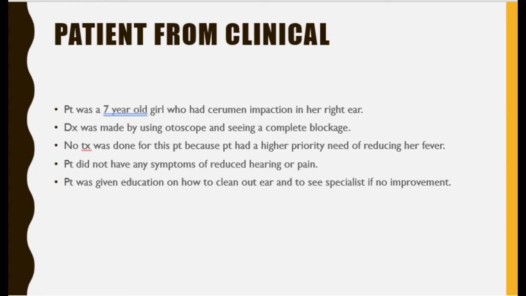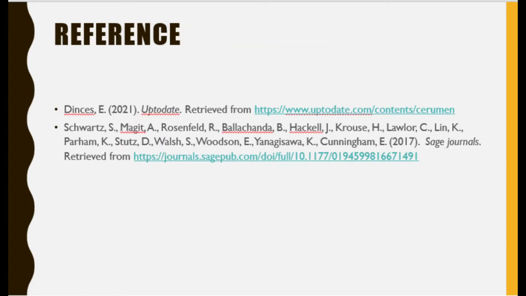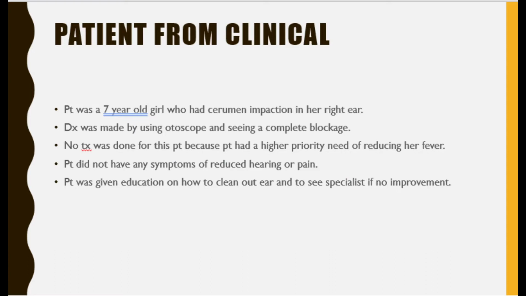A patient from my clinical rotation: one of the patients that I saw who had cerumen impaction was a 7-year-old girl, and she had it in just one of her ears, her right ear. The diagnosis was made by using the otoscope, and when I looked in her ear, it was a complete blockage.